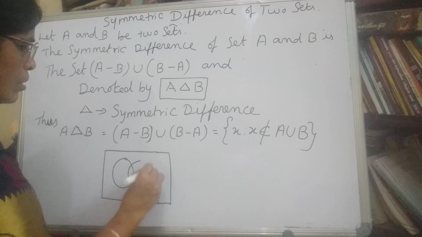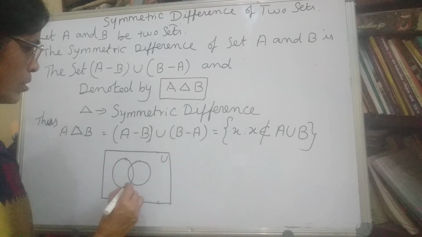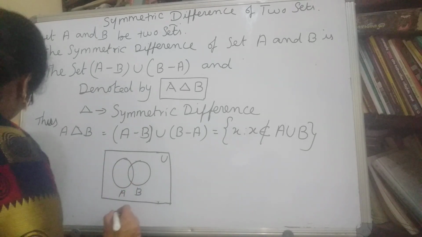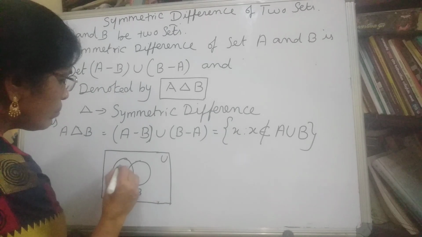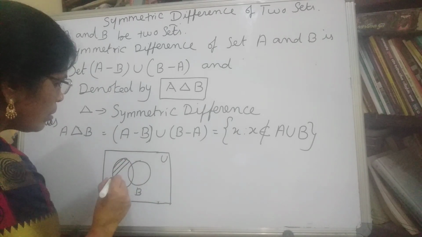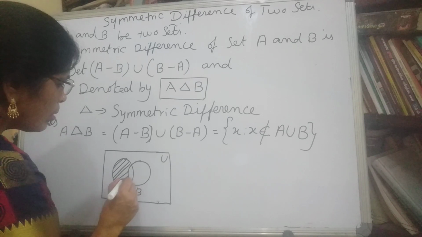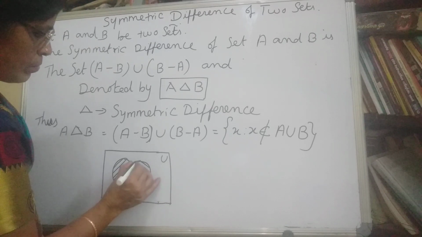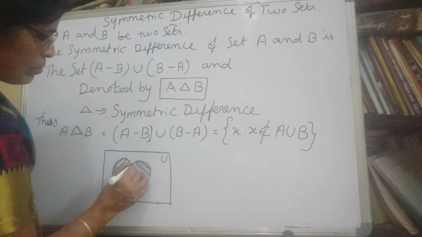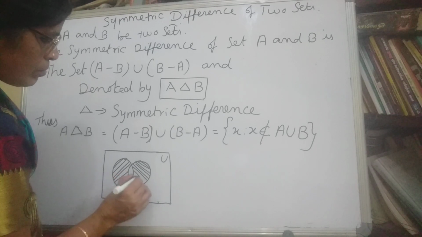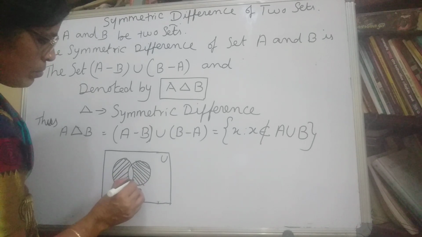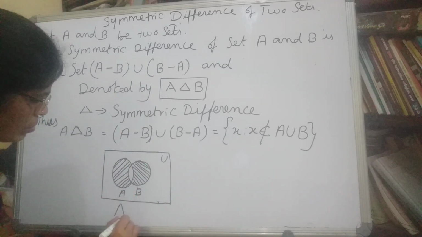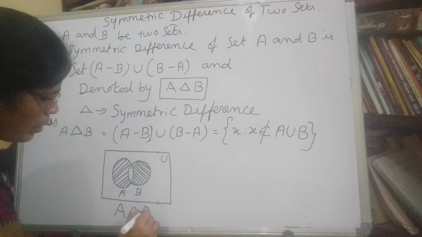This one is A, this one is B, this one is A union B. This one is the symmetric difference of A and B.